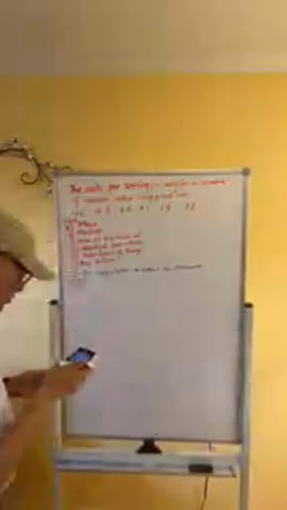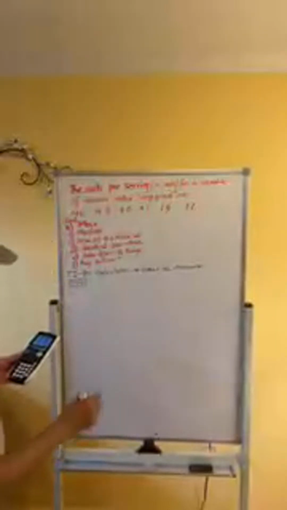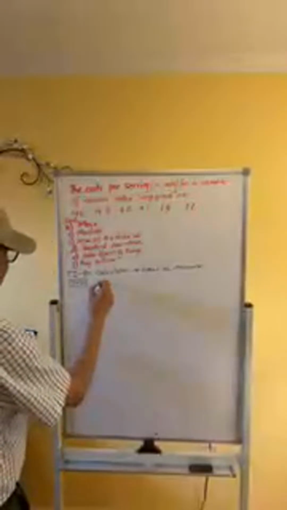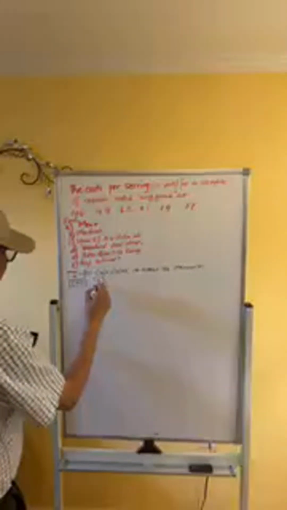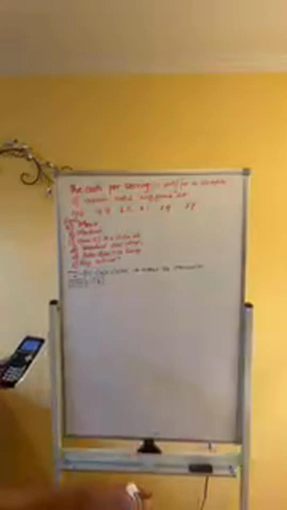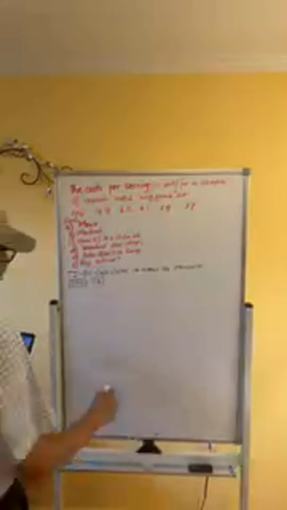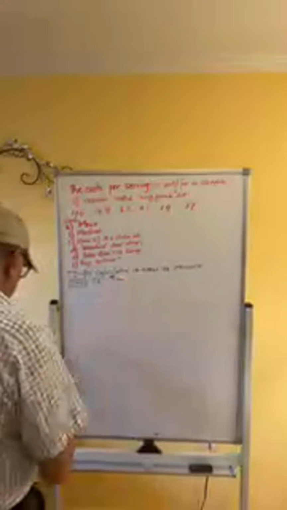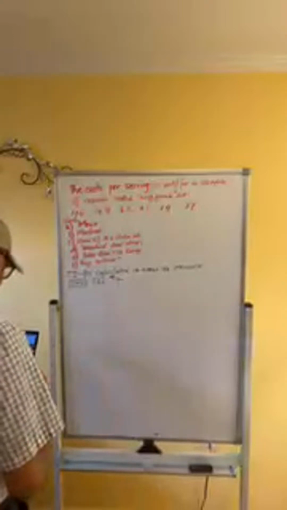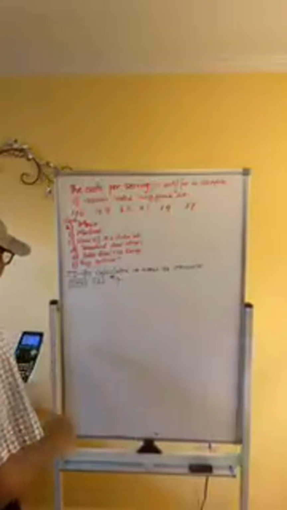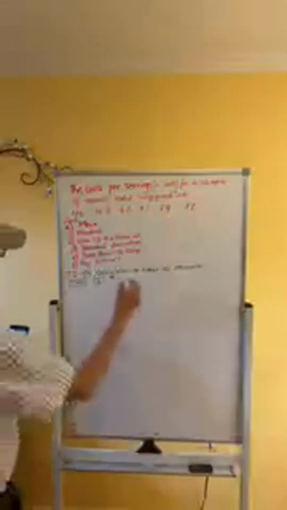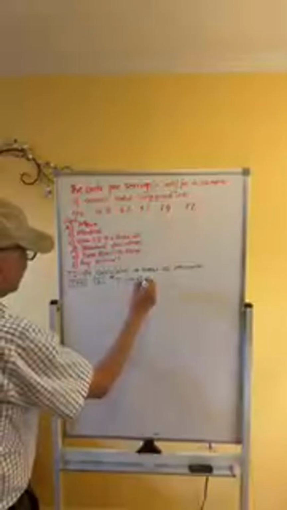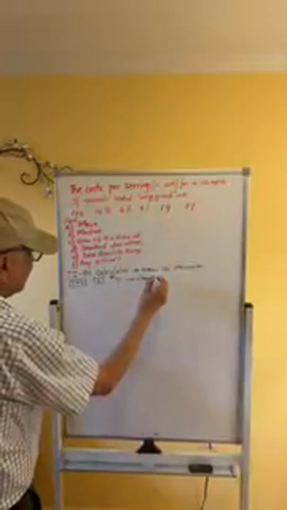Then the plus button, which is on the bottom right. And then select number 4, which will bring up clear all list on your calculator.